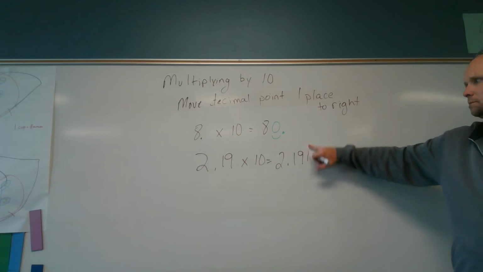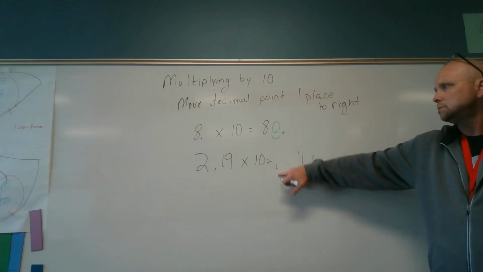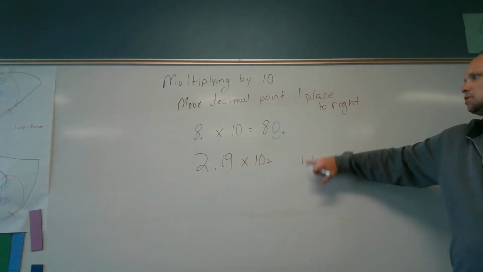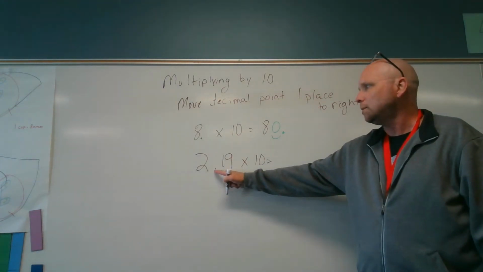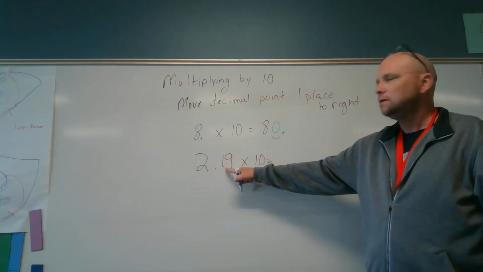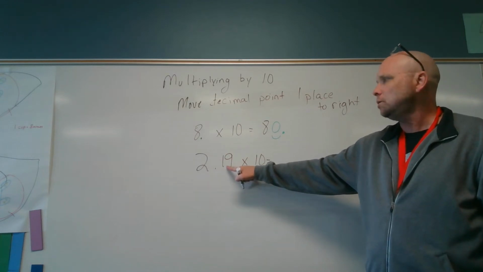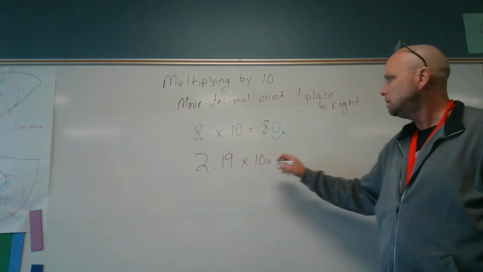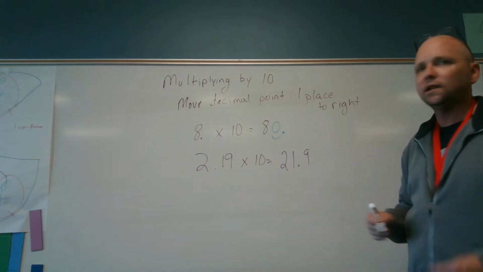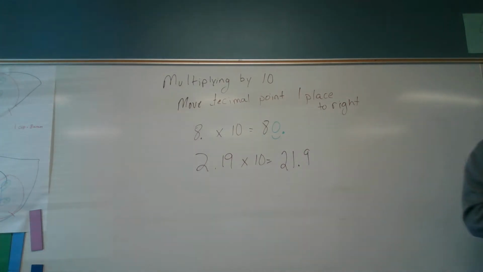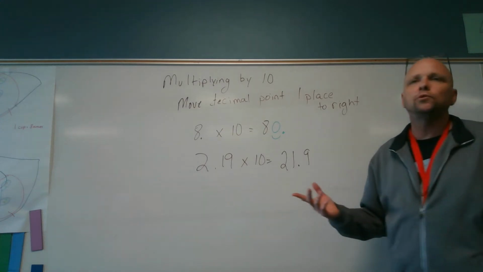So that doesn't answer the question. You can't just put a 0 behind it. You're moving the decimal point one place to the right. So now instead of behind the 2, it's going to be behind the 1. So the answer would become 21 9/10. It's all about moving the decimal point.